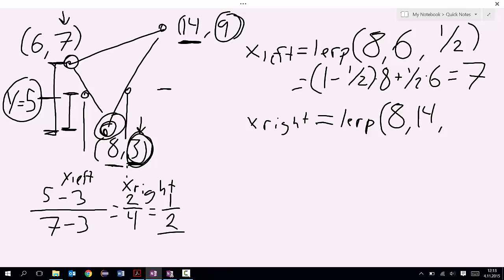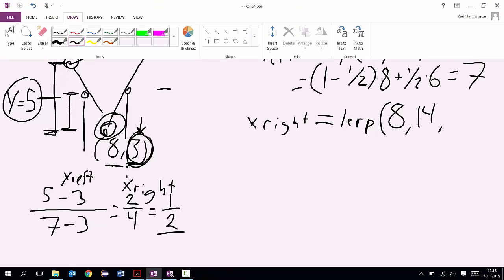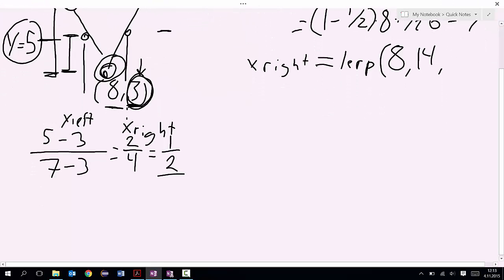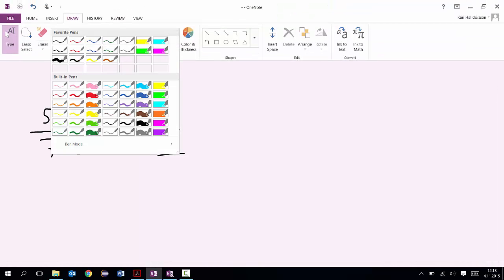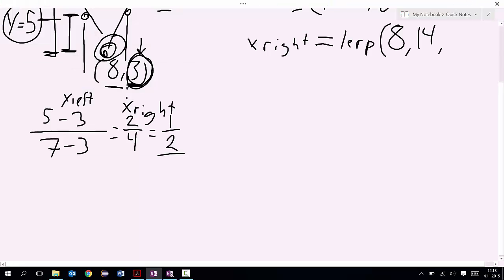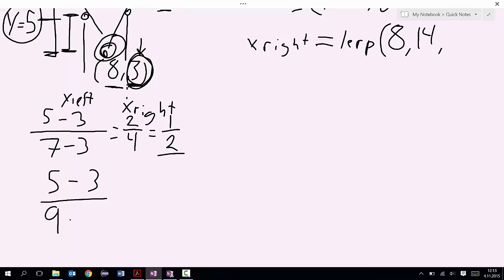So there we're going to have the parameter here, which will be 5 minus 3 again, divided by 9 minus 3, which gives us 2 by 6, which is 1/3.